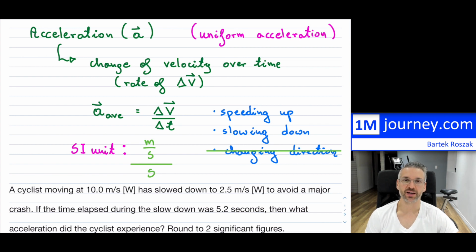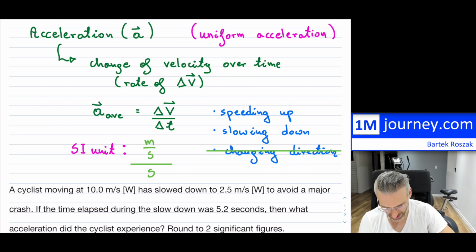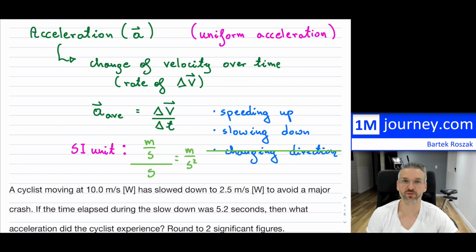I don't like writing it this way. And indeed, most physicists, in science or math, anywhere that you look, you rarely will see it as meters per second, over second. What you typically will see is meters per second squared, which is the simplified form if you look back at fractions and how to simplify this.